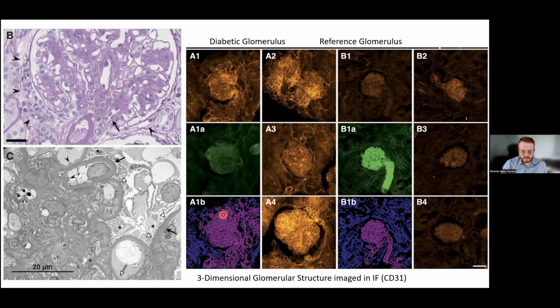Here is an analysis done with Imaris where you can identify connected structures. So you can see that it's essentially a single network of capillaries that is surrounding and penetrating this glomerulus. Conversely, in the reference, you have the afferent and efferent arterioles, and that's what you get. That's what you expect in a healthy patient.